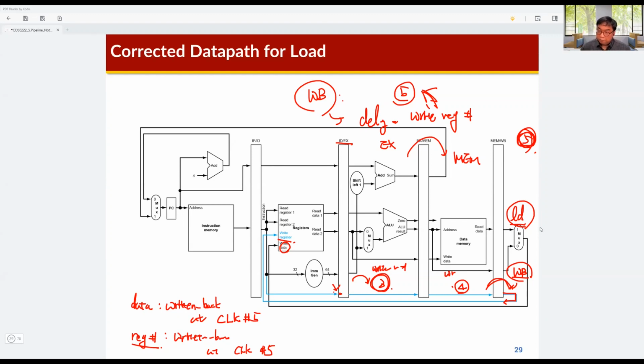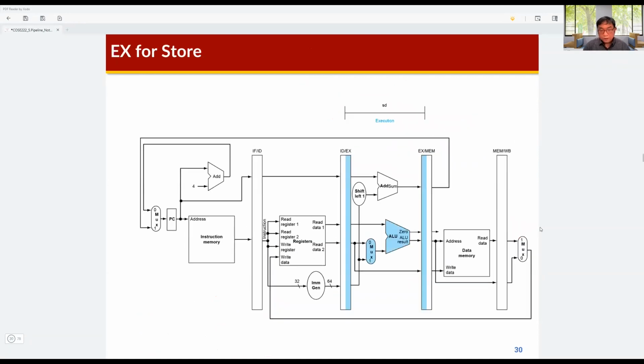Many students are confused about the timing of data. So you need to try to understand the timing of each piece of data when an instruction is executed inside of a pipelined processor.